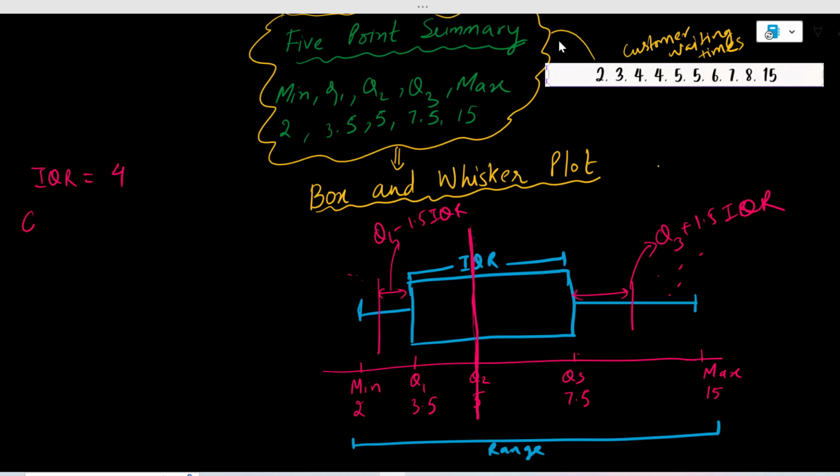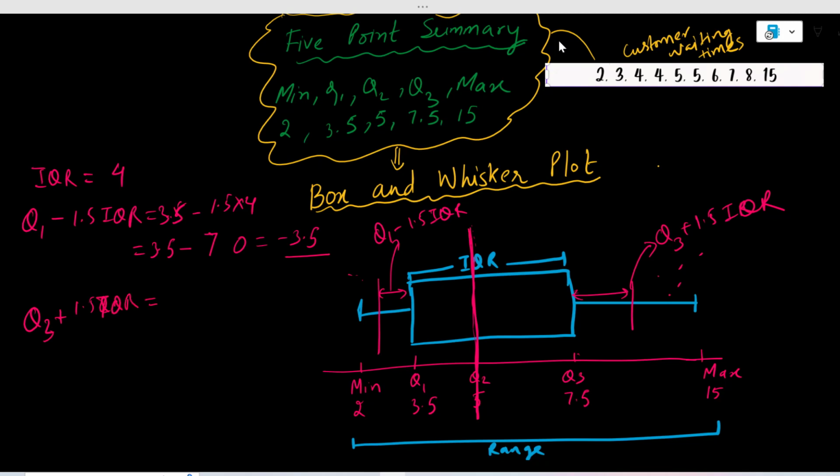Let's calculate Q1 minus 1.5 IQR, which implies 3.5 minus 1.5 into 4, so it comes out to be minus 3.5, and on the positive side we have Q3 plus 1.5 IQR, which comes out to be 7.5 plus 1.5 into 4, which is 7.5 plus 6, which is equal to 14.5, right?